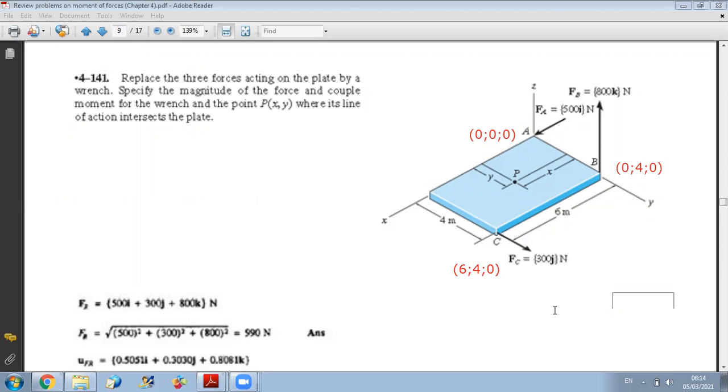And finally, for point P I have two unknowns, so I will find the coordinates of vectors as functions of x and y. So at point P I have x, y, and 0.